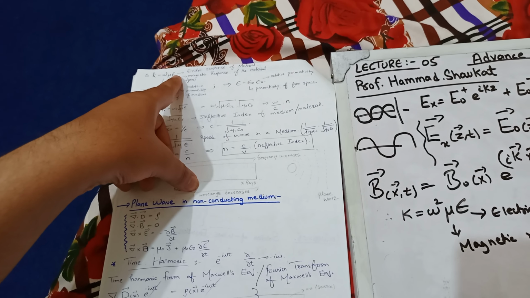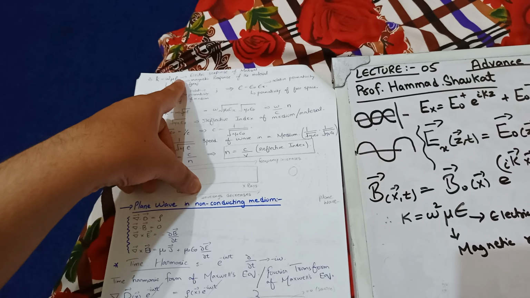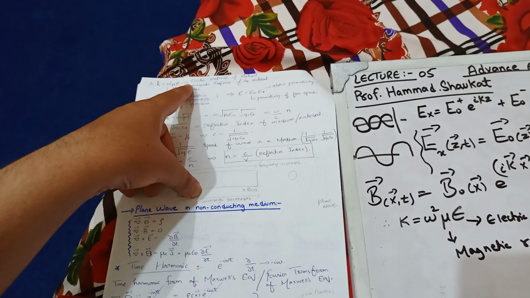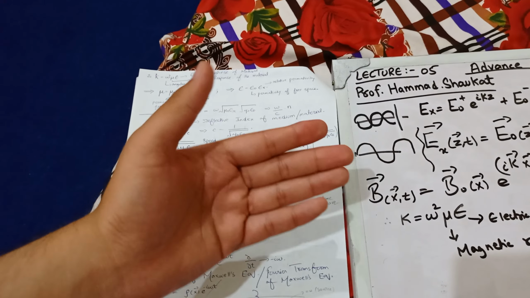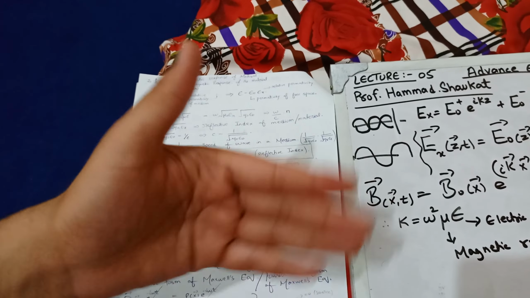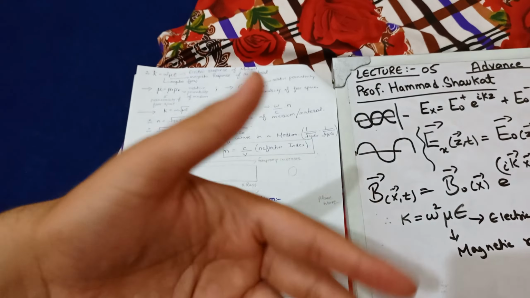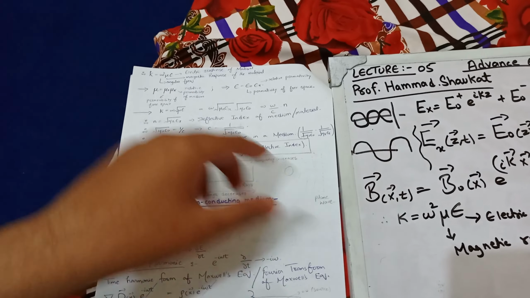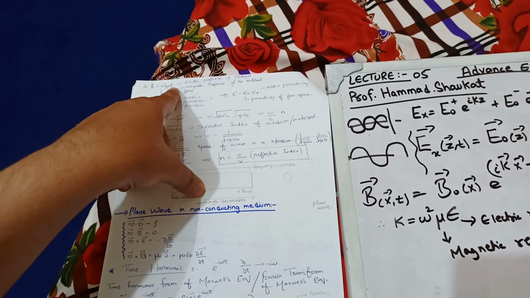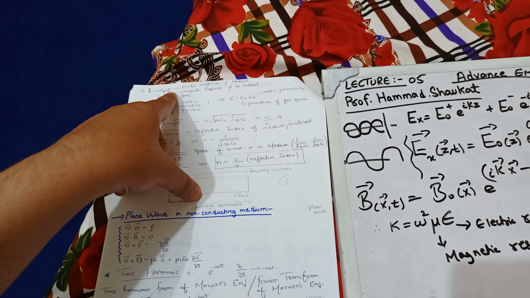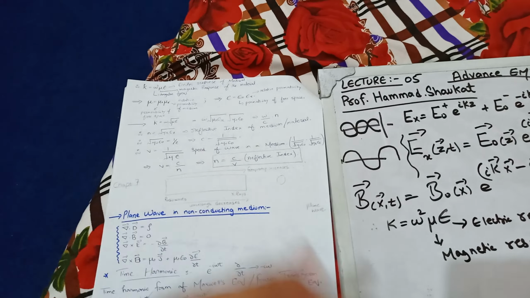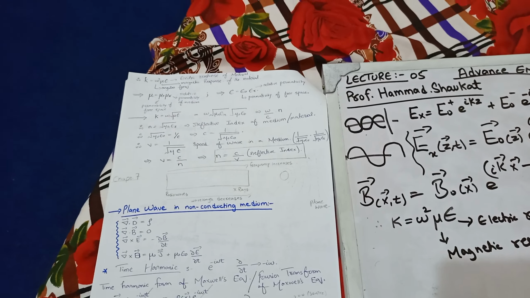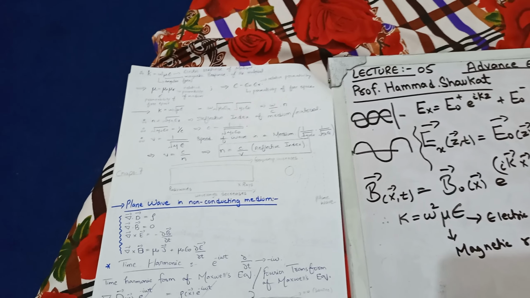As you know, D equals epsilon E. E is the basic electric field, but when some material is added, it depends from material to material how the electric field responds. So this epsilon basically shows the electric response of the material, which depends on the material. Every material has its own rate of response.